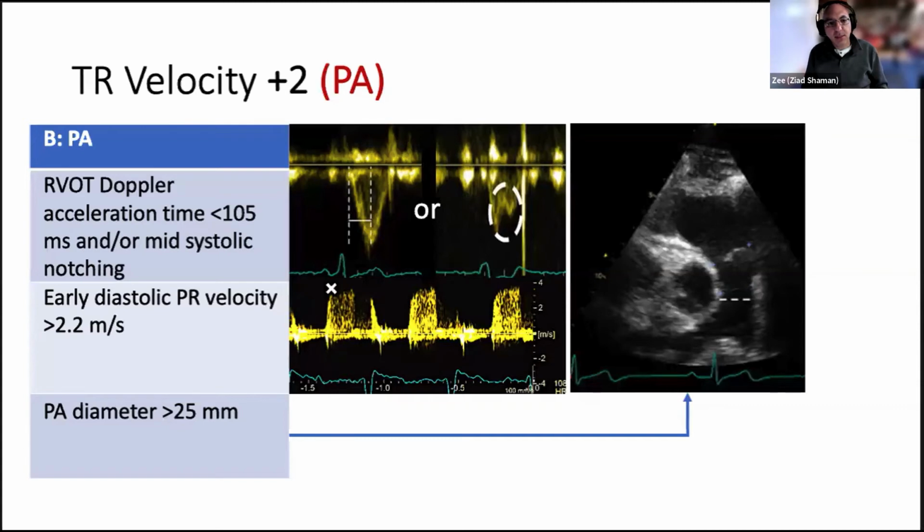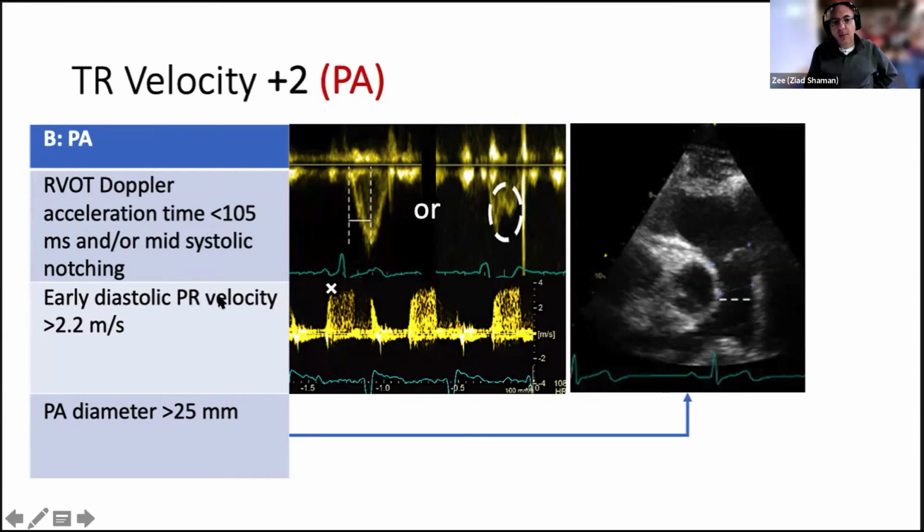The second set are the pulmonary artery measurements, and these are a little bit tricky. And they include the RVOT Doppler acceleration time, or a notch. So you measure the Doppler acceleration time, or if you find a notch, then that gives you a point.